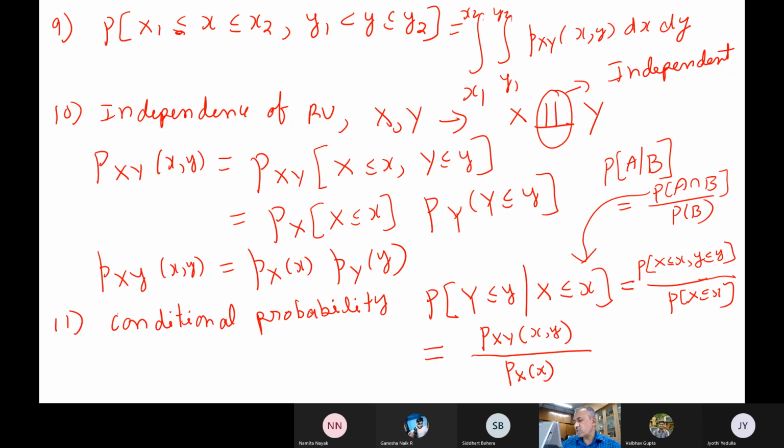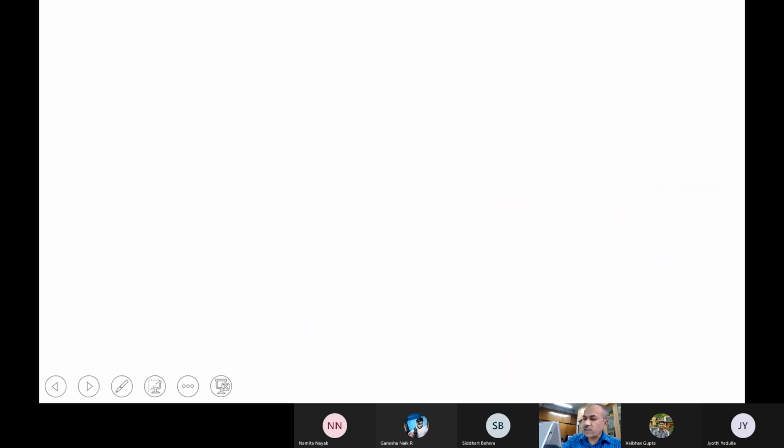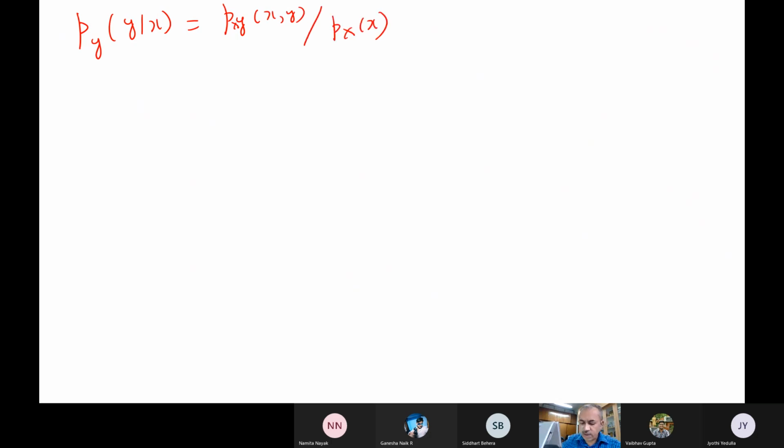The joint two-dimensional quantity divided by the marginal automatically gives the conditional probability. So this is the conditional probability density function, straightforward: p_Y given X will be p_XY(x, y) divided by p_X(x). This is also an interesting property of two-dimensional things.